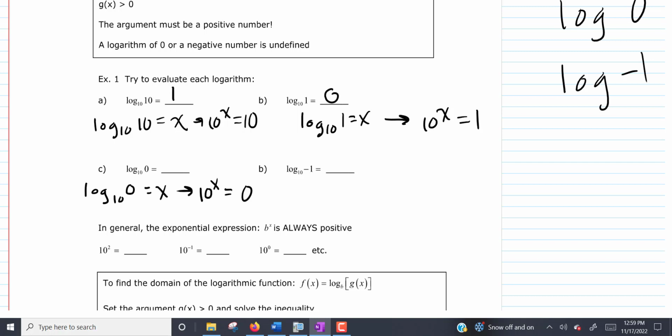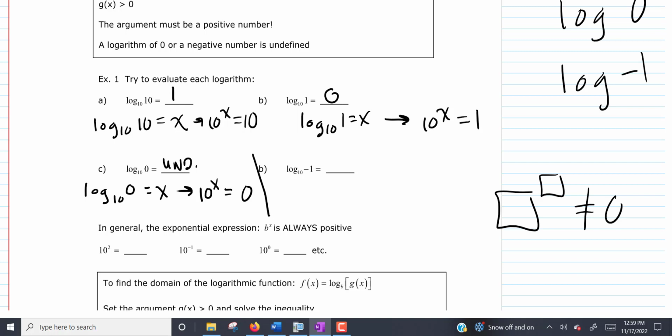In fact, if you take any number and raise it to any power, you will never, ever, ever get 0. It's mathematically impossible, okay? So that one is undefined because you can't take 10 to a power and get 0. I'll explain that a little bit more thoroughly in just a second.